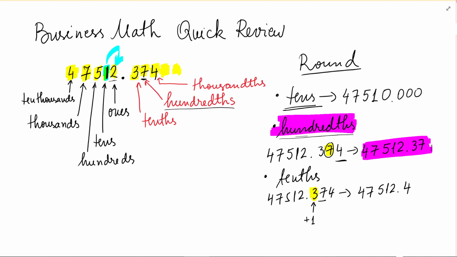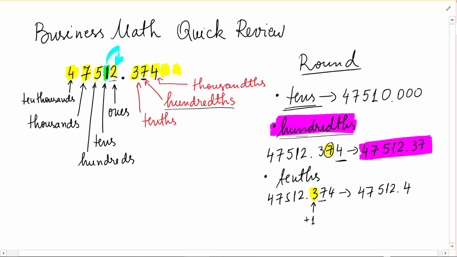So most of the time when we deal with money, we have the dollars amount and then the cents amount. So we would want 2 decimals after the decimal point, because if this were money, we would have $47,512.37. So that's why the most popular would be rounding to the nearest hundredth.